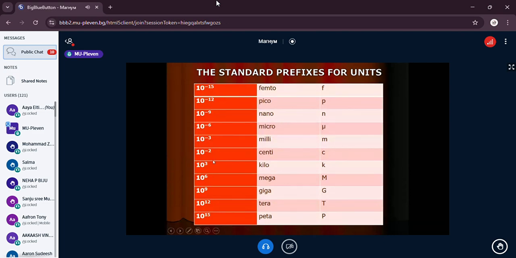All prefixes with positive exponents represent big numbers, and with negative, small. As you have seen on the basis of what example? Mass of the electron and mass of the earth. Those two examples of big and small mass. Let me now show you.